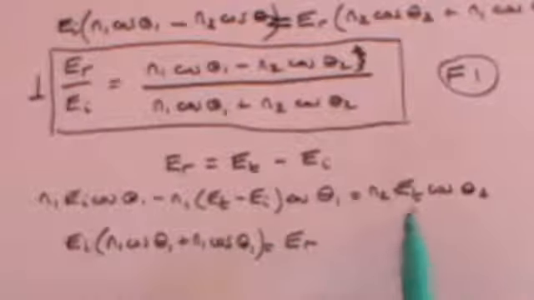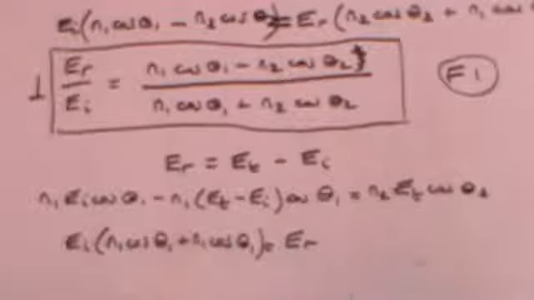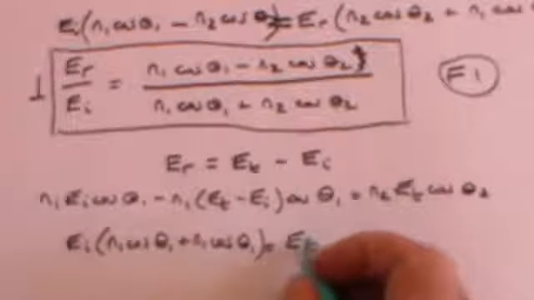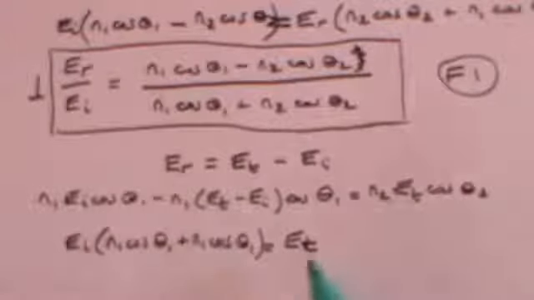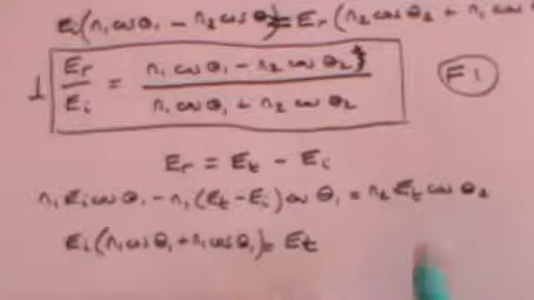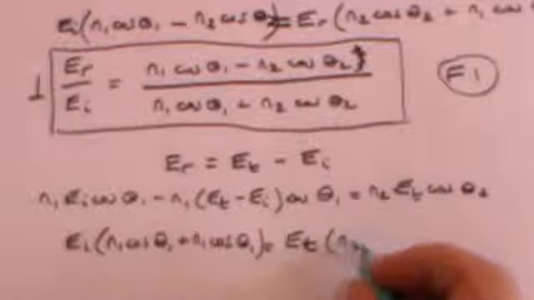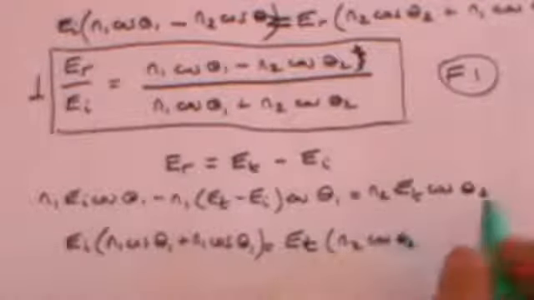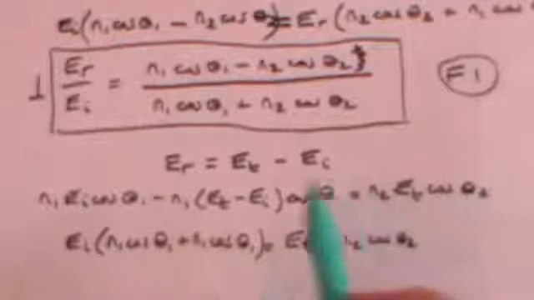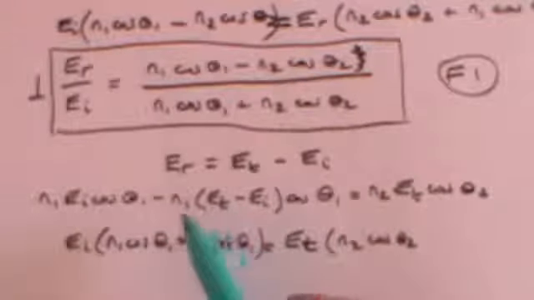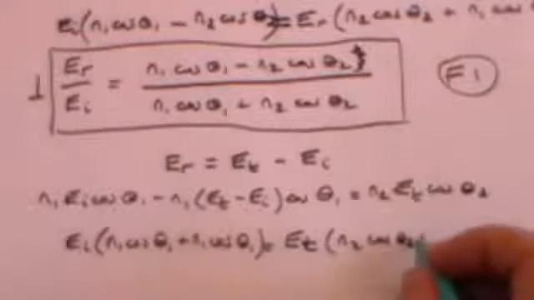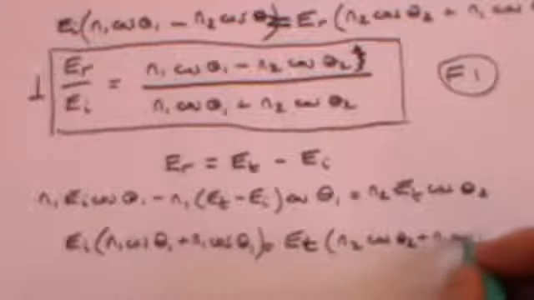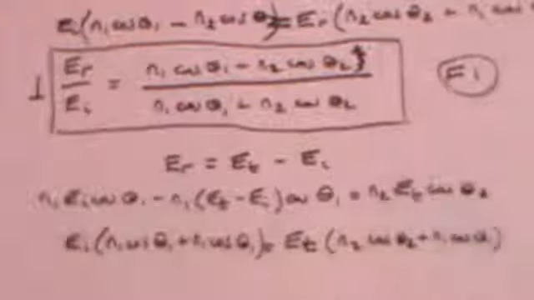And now we want the ET terms, because we have substituted for R, so we've got ET on this side of the equation. And here we've got an N2 cos theta 2, that's that term. And over here we've got a minus N1 cos theta 1, but that will become a plus when we go on the other side. So plus N1 cos theta 1.